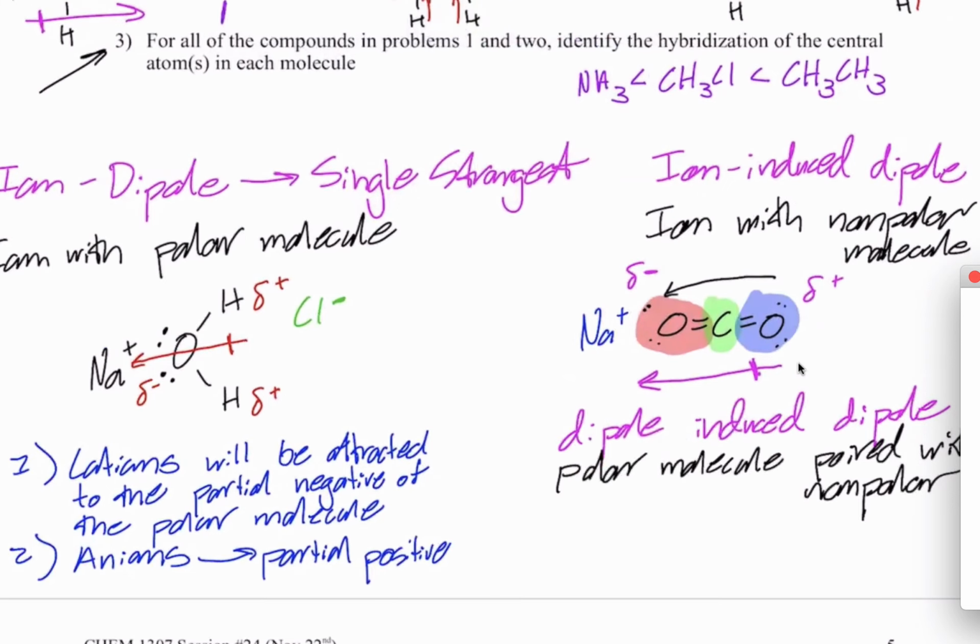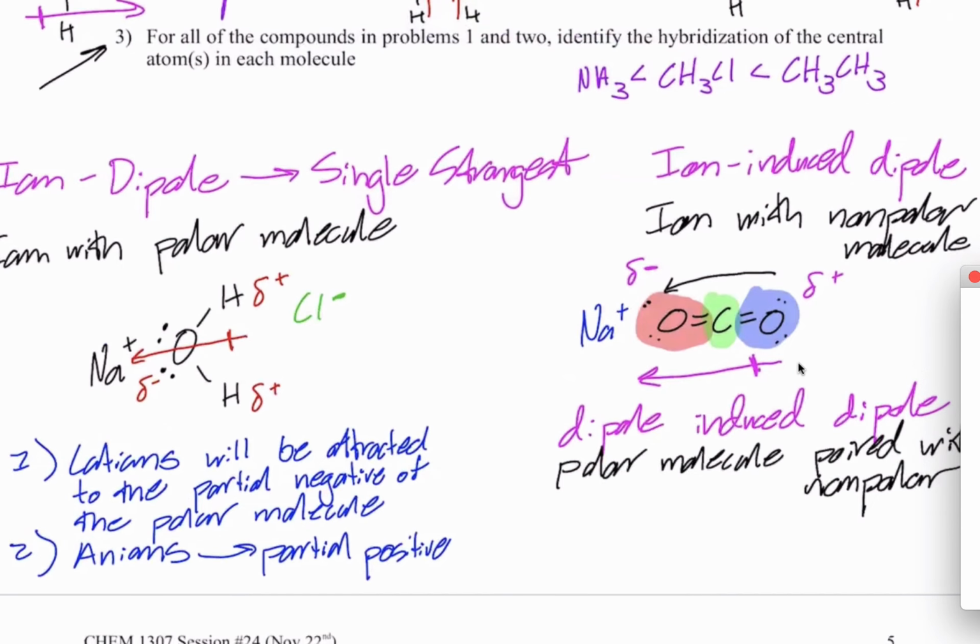So let's pair HF with CO2. I have my HF like so. Obviously, the dipole moment is going to look like this, right? We have a partial positive on hydrogen and a partial negative on fluorine. And so let's put it next to a CO2 molecule.